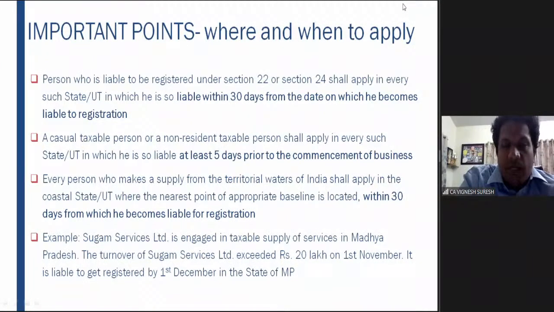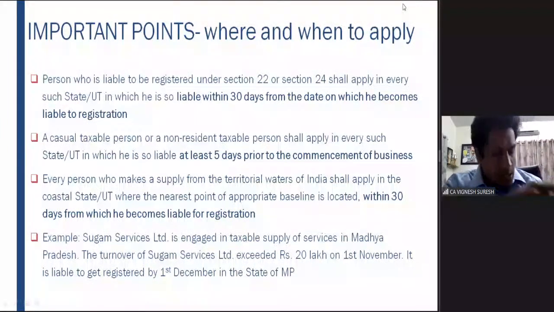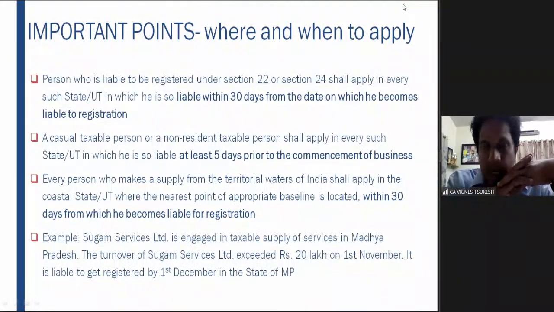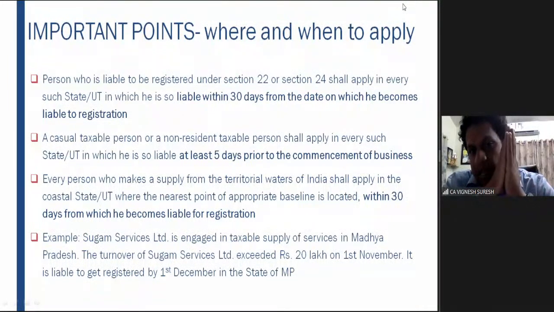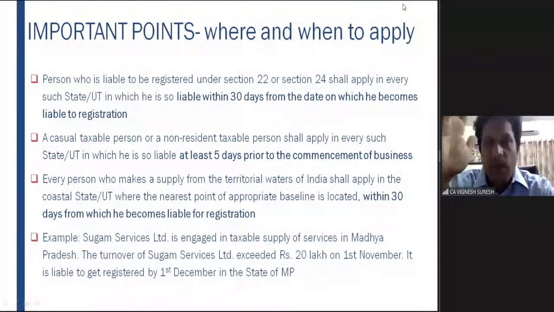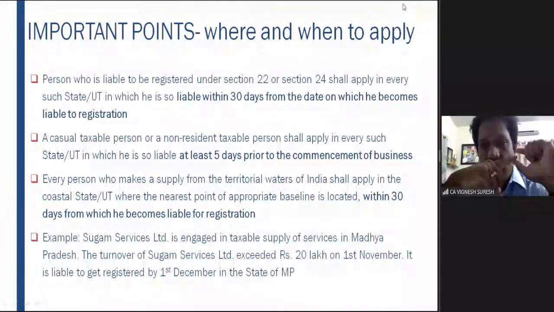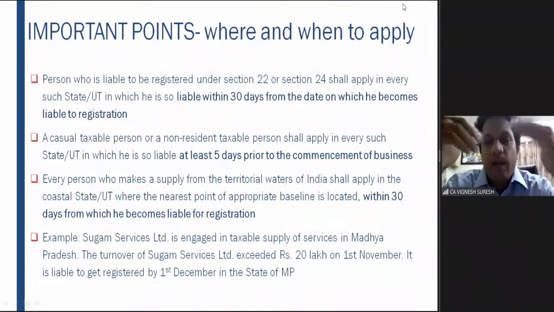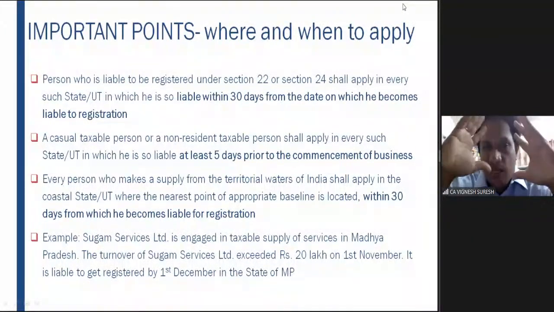Similarly, a casual taxable person or a non-resident taxable person has to apply at least 5 days prior to the commencement of business. These are the timelines you have to remember: 30 days for a person liable to be registered, and at least 5 days prior to commencement of business for a casual taxable person or non-resident taxable person.